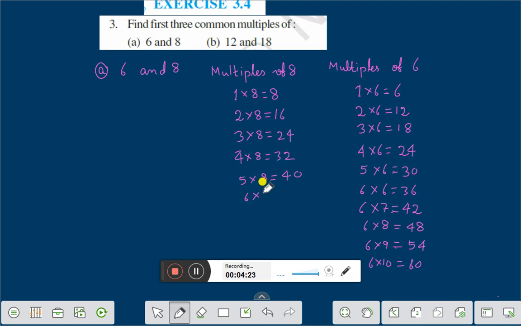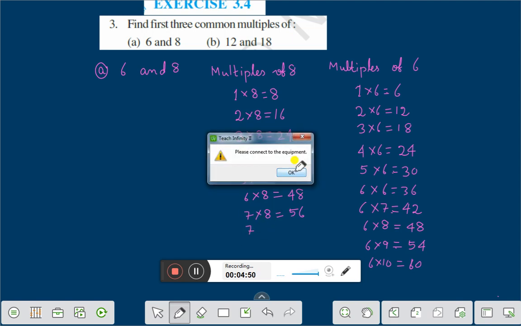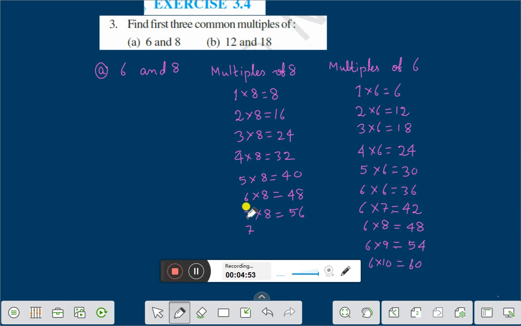6 into 8, 6 8 is 48. 7 into 8, 7 8 is 56. 7 9 is 63. Then 8 into 8, 8 8 is 64.